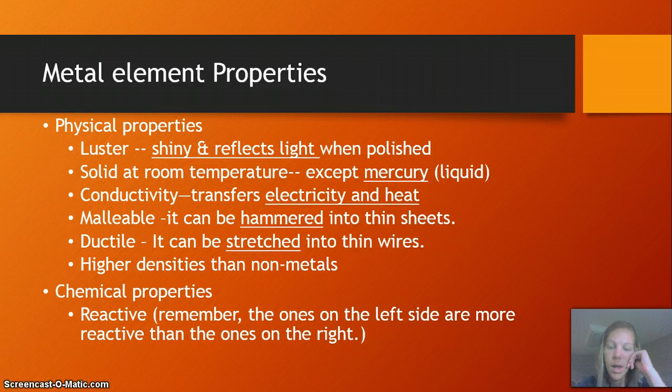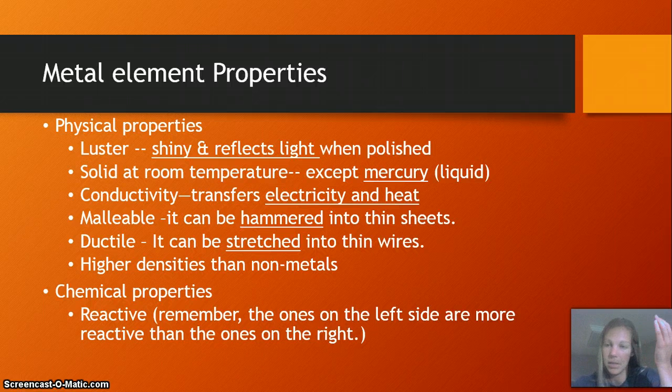It's a silver metal that used to be placed into thermometers, and is still in some thermometers, but we just do not use them in education. Conductivity. Metals conduct or transfer, meaning pass on electricity and heat very well. They are also malleable, which means you can take a metal and hammer it down into thin sheets. Ductile, meaning that it can be stretched into wires.